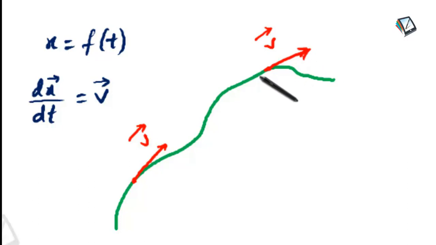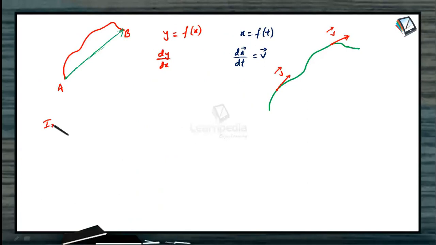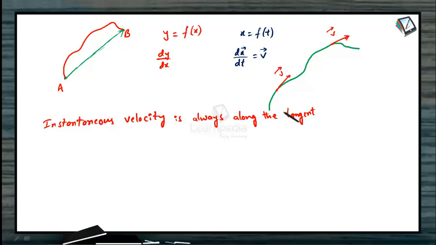So instantaneous velocity is always along the tangent to the path. This is the important point that you should always remember: the particle's velocity is always along the tangent.